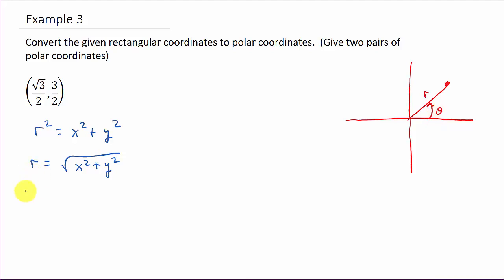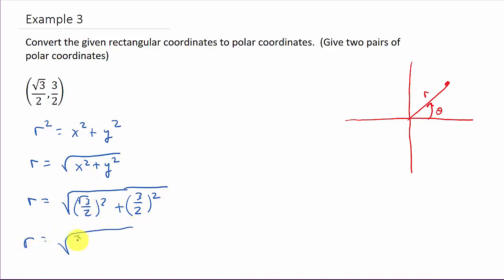So r in this case is going to be the square root of square root of 3 over 2 squared plus 3 halves squared. That's 3/4 plus 9/4, which is 12 over 4, which is 3. All right, so we get r is 3.